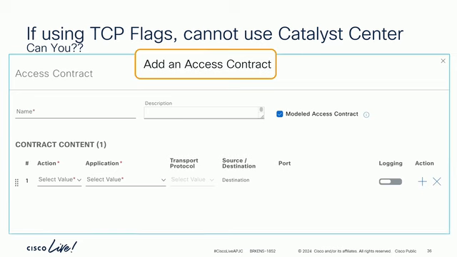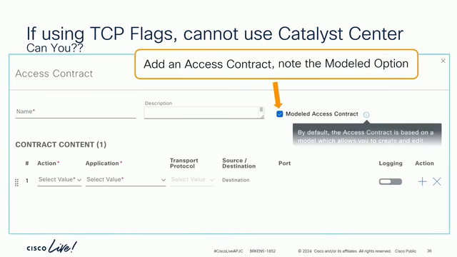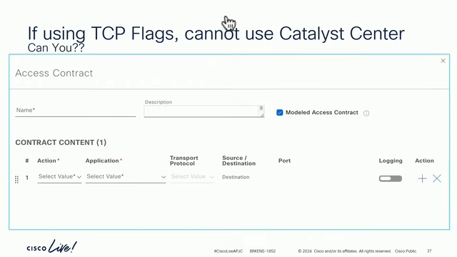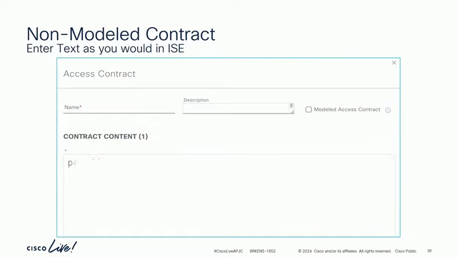But when you're adding a contract, you have this modeled option. You can read this later. If you deselect modeled, i.e., I don't want to choose applications, I want to use text instead, you can add text in Catalyst Center, for example, permit TCP established. So that's how you use these specialized functions that are supported on Identity Services Engine, but not natively in Catalyst Center.